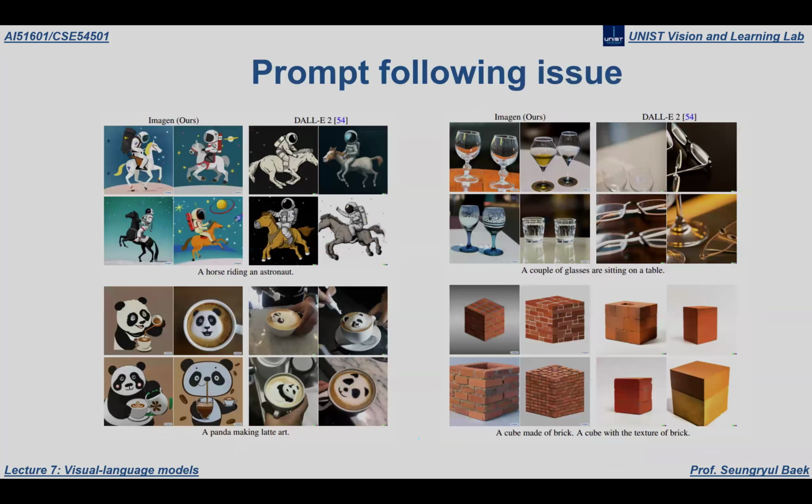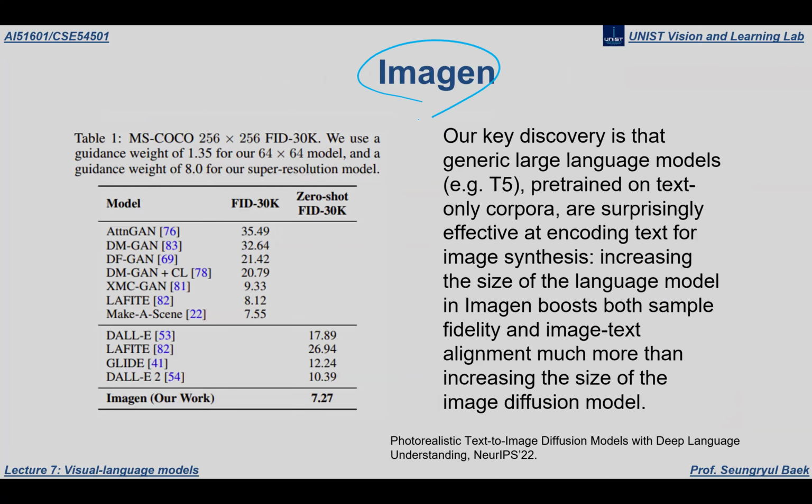But still, DALL-E version 2 has a problem, which is called the prompt following issue. If the text becomes long and complex, then sometimes DALL-E version 2 does not follow the prompt. So there has been some attempt to improve this issue by using some LLM.